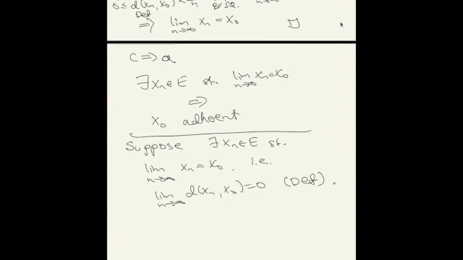We have to use the definition, what it means to converge. Now, what we want to show is that it's adherent. So for every positive r, B(x0, r) intersect E is not empty.